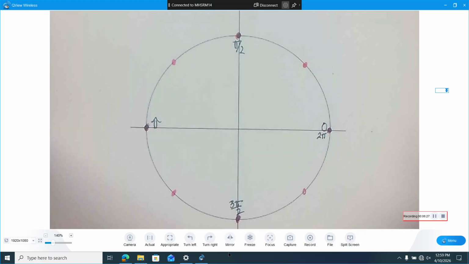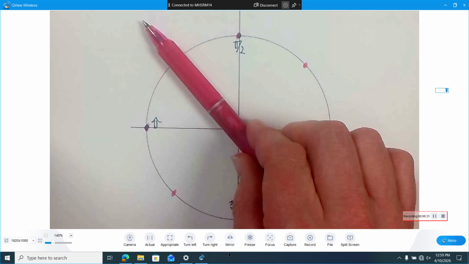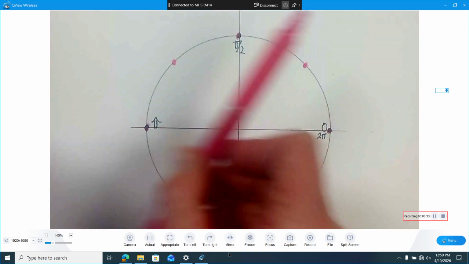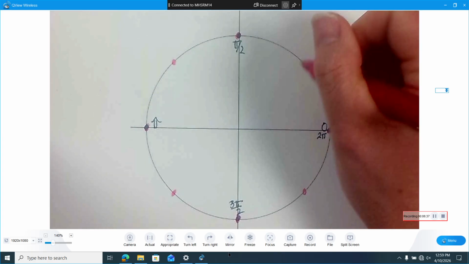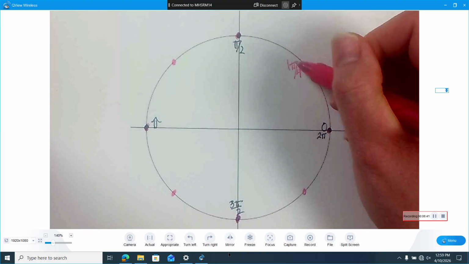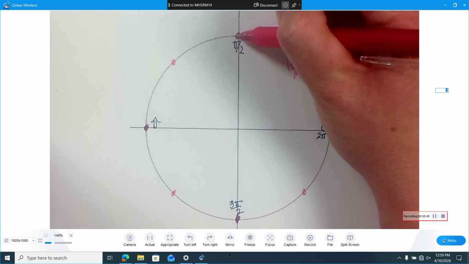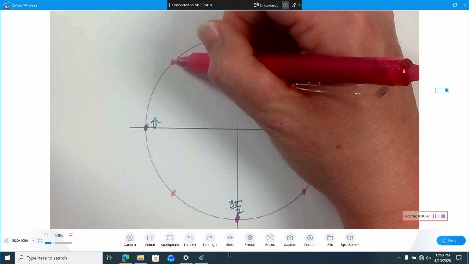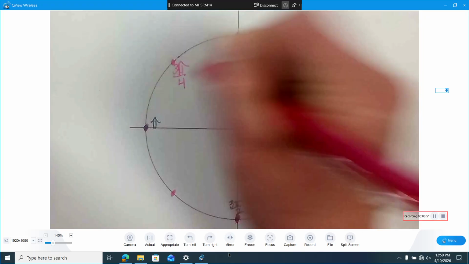So now I took pi and I divided it into 1, 2, 3, 4 wedges. So what does this dot represent then? Pi divided by 4. This is 1/4 pi. This becomes 2/4 pi. This becomes 3 pi over 4, or 3/4 pi.